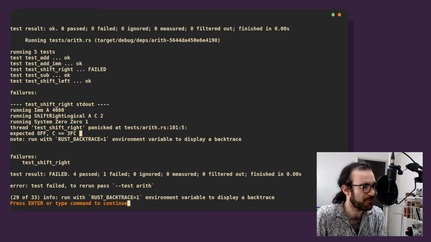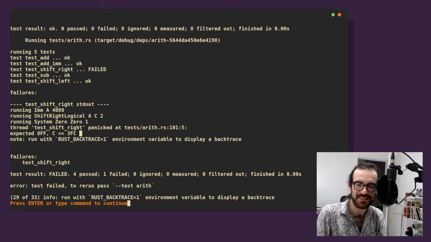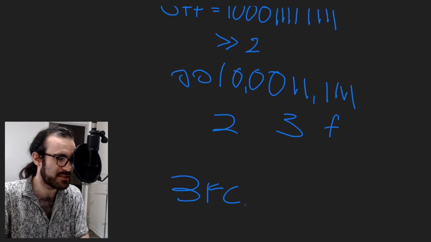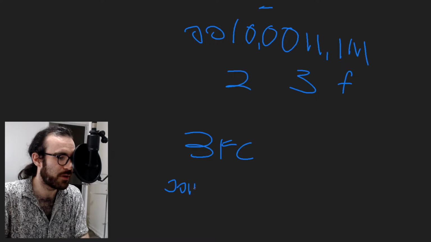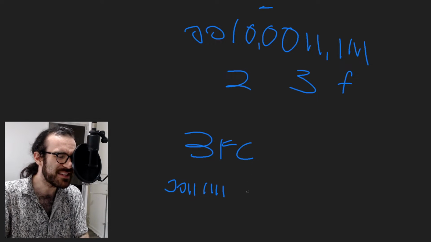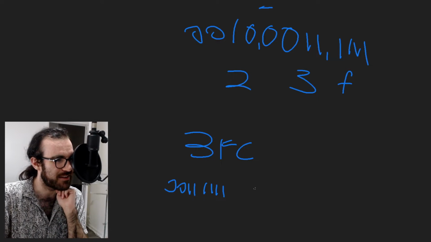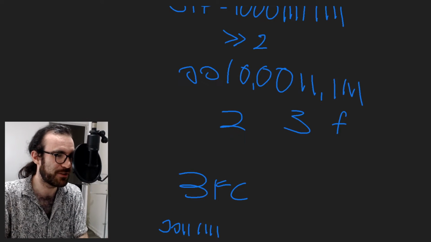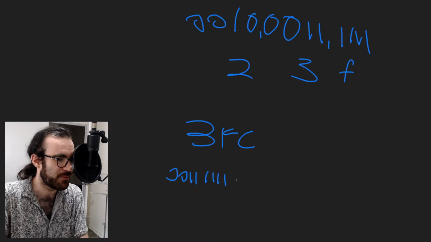3FC. 8FF. 3FC. What is this? Hold on. So 3FC is 00111111. This is what I said originally, though. Shift right, as in we're going this way. We're truncating things off the lowest bit, right? 111100.